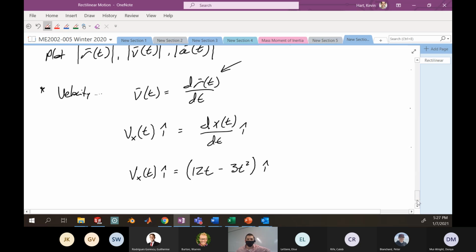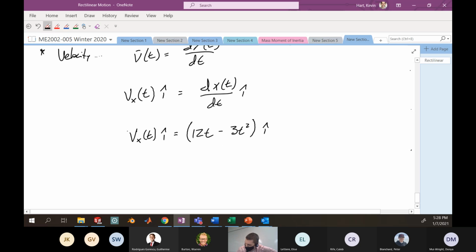It's written in the notes as 12t minus 2t squared, but it should be 3t squared, not 2t squared. I just caught that. Sorry about that. And it looks like the acceleration is also wrong.